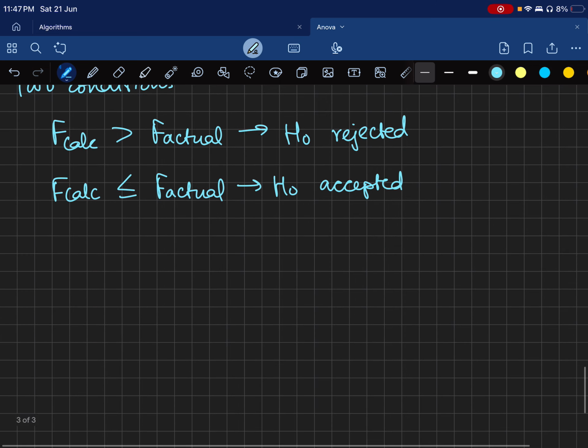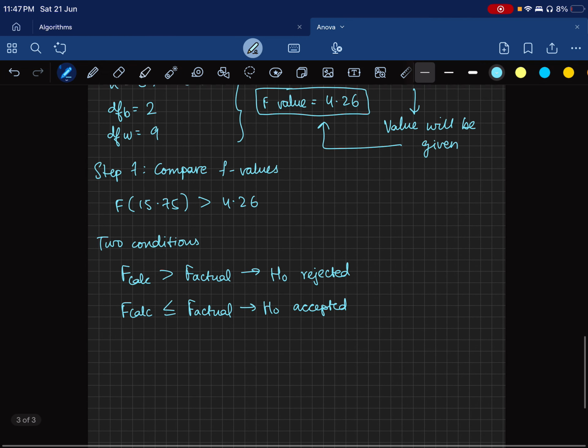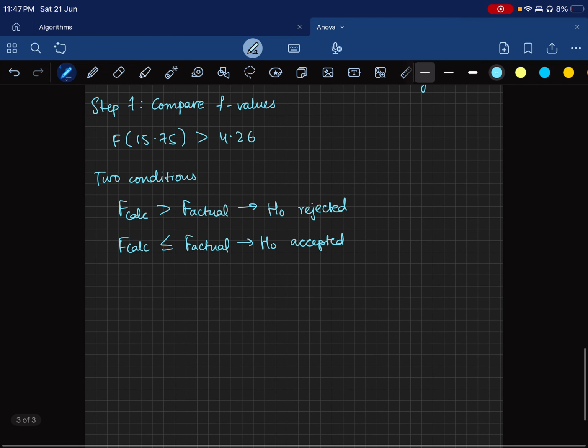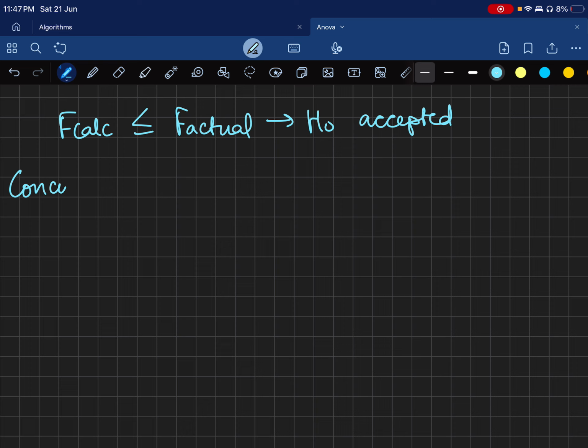Okay, so this is your total ANOVA question. So what is the conclusion? After this, you'll write the last line, which is the conclusion. The conclusion for ANOVA is there is a significant difference between the mean weights.